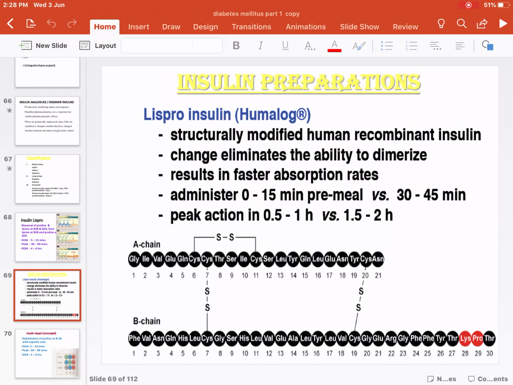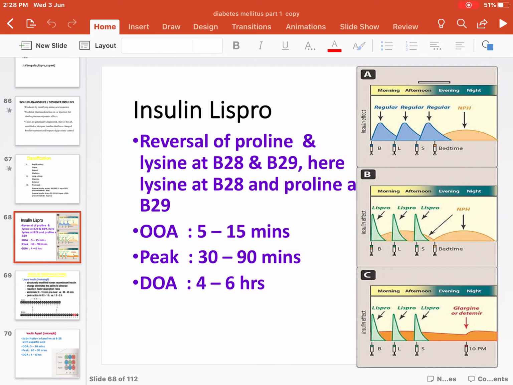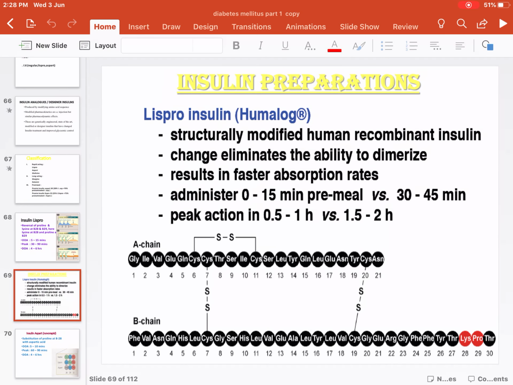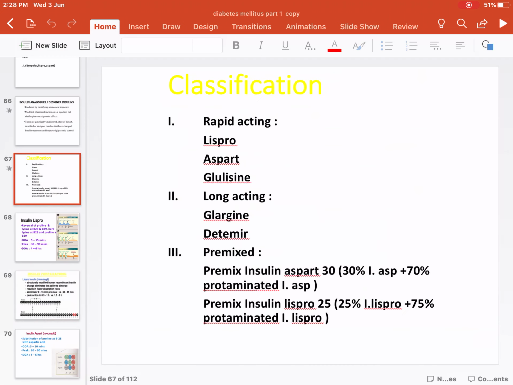At positions 28 and 29 there is an exchange of amino acids. Lispro: lysine and proline are interchanged. This produces insulin lispro. Because of this interchanging, lispro insulin, which is a designer insulin or an insulin analogue, becomes very, very short acting.